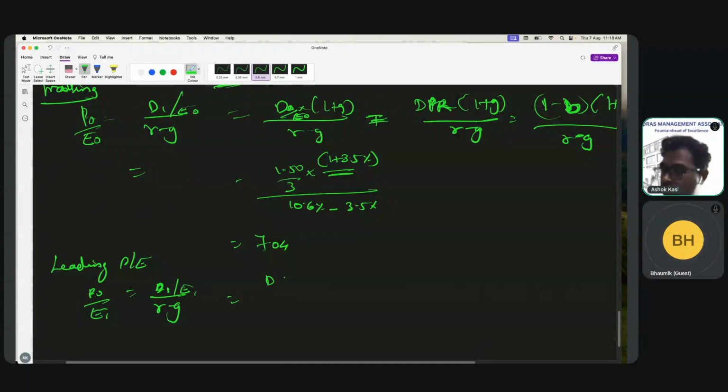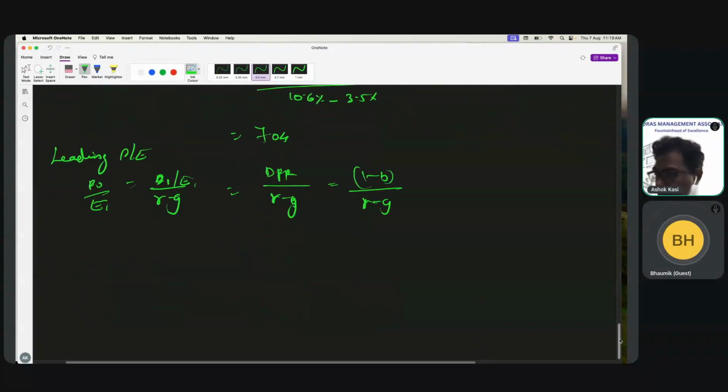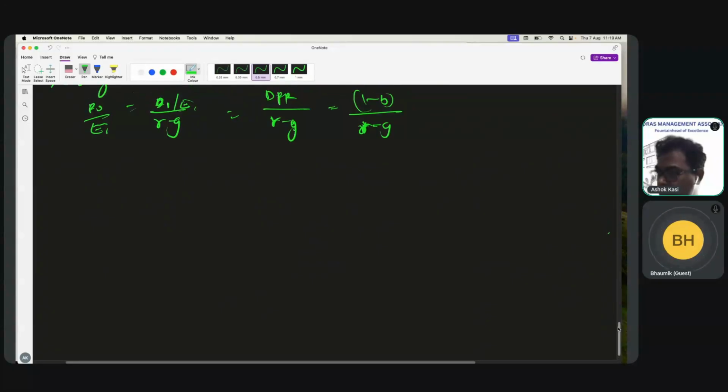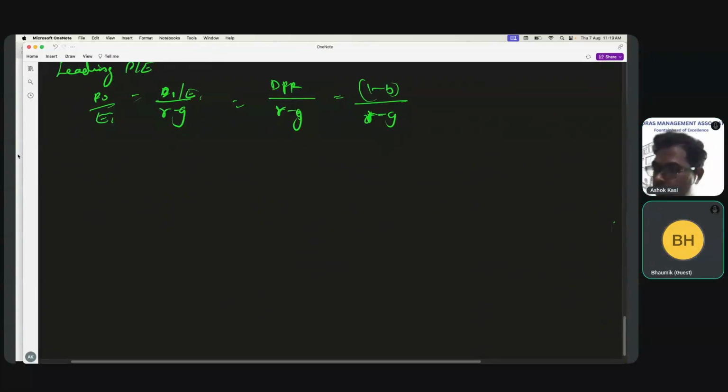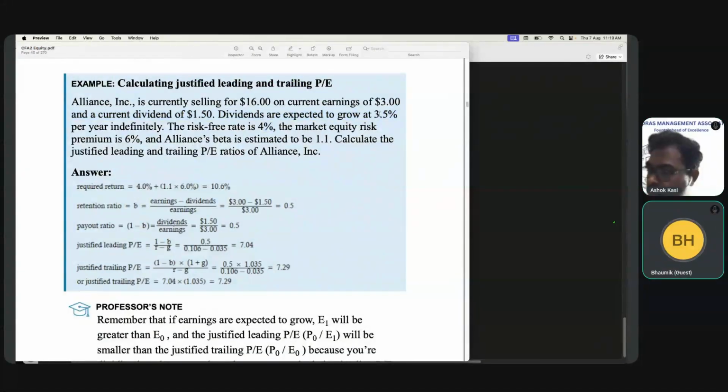So this is the dividend payout ratio divided by R minus G, which is equal to 1 minus retention over R minus G. So it will be the same thing that we did, but here I have to take expected earnings.